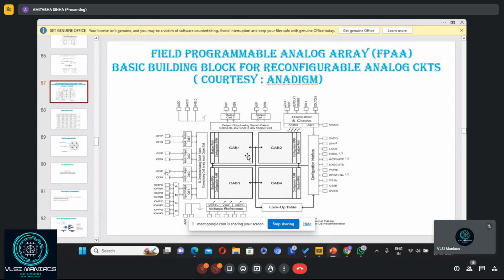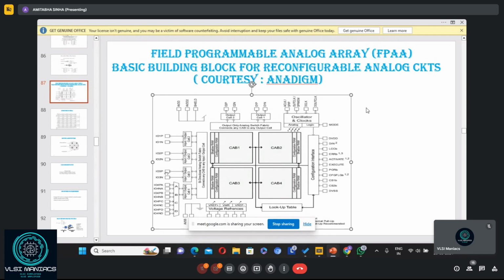Okay, and when we talk about the connectivity between the CABs, then these are called inter-switching. So there are two types of switches. One type of switches are outside the CABs, and another type of switches are within the CABs.